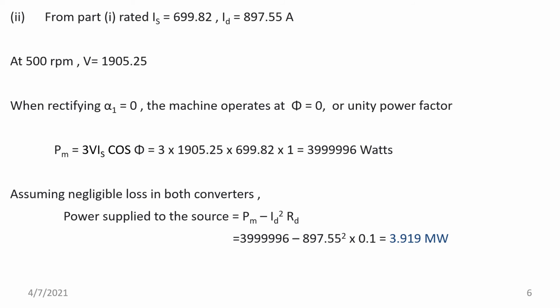I have substituted 3 into V as 1905.25 into I_S as 699.82 into cos 0, so into 1, which is equal to 3.99 megawatts. Neglecting losses in both the converters, power supplied to the source is equal to P_M minus I_D squared R_D. So I have substituted the P_M value minus 897.55 squared into 0.1, R_D. If I simplify, the answer is 3.919 megawatt.